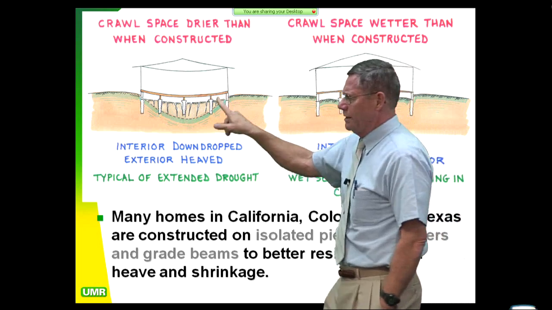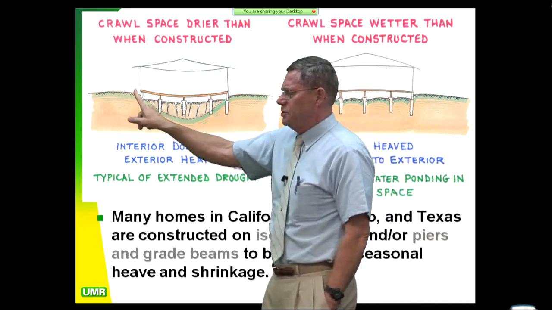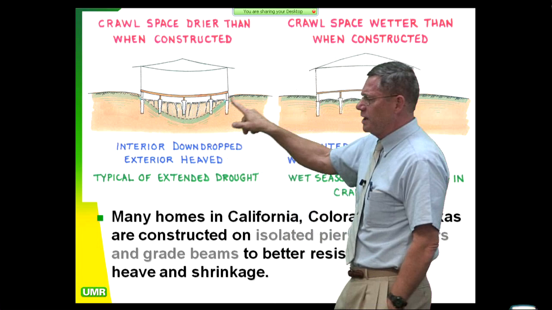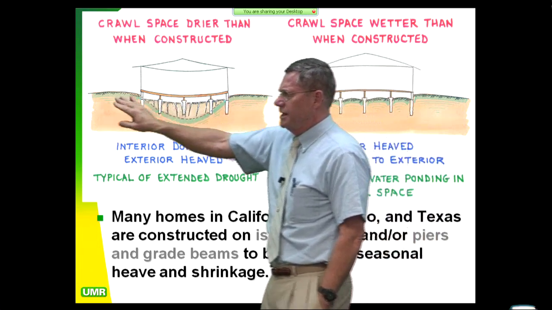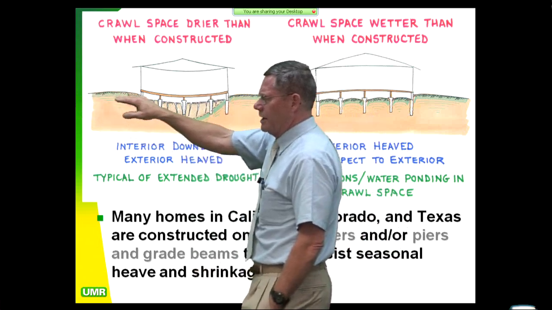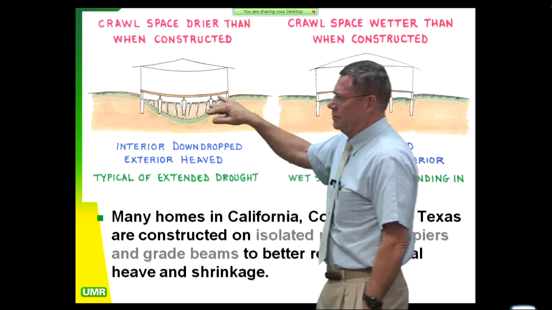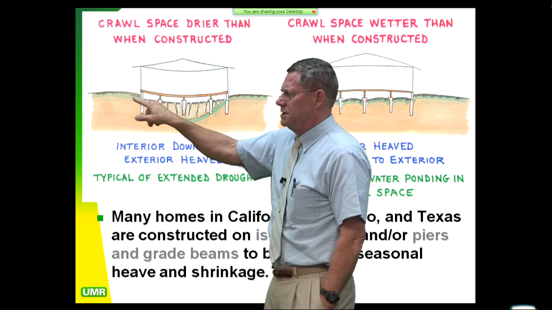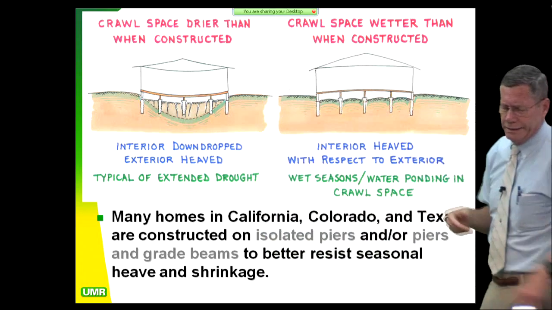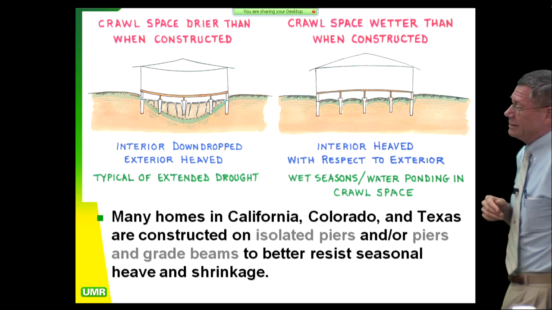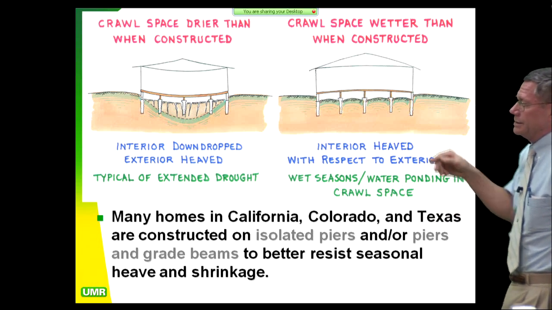And when you're dry, what you'll see is that you actually get a scooping down. You'll actually see a low point in the middle of the house. That's because they're watering their yard out here and out here, but it's drying out under here, especially if they've got it vented real nicely. And we kept increasing the venting in all of the building codes throughout the 70s, 80s, and 90s.